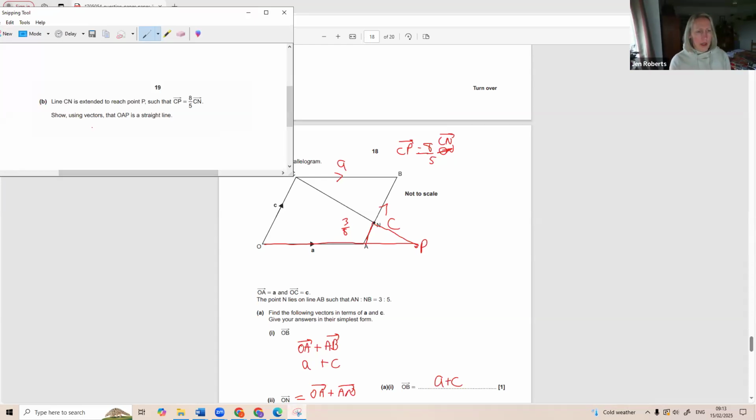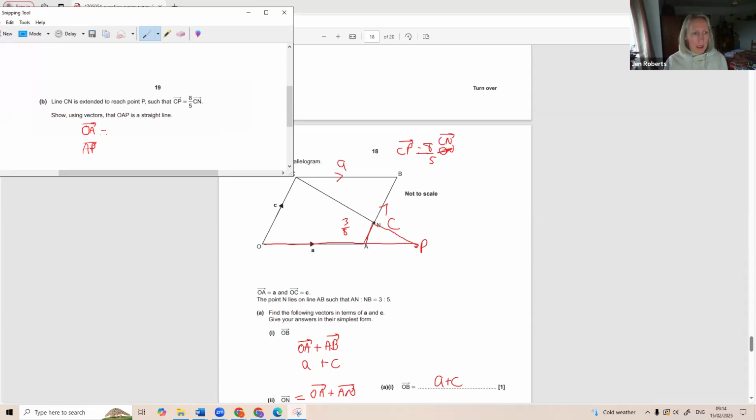To show this is a straight line, I'm going to find OA and AP. You could have found OP and OA or OP and AP, as long as you find them correctly. You'll see that they are on a straight line.